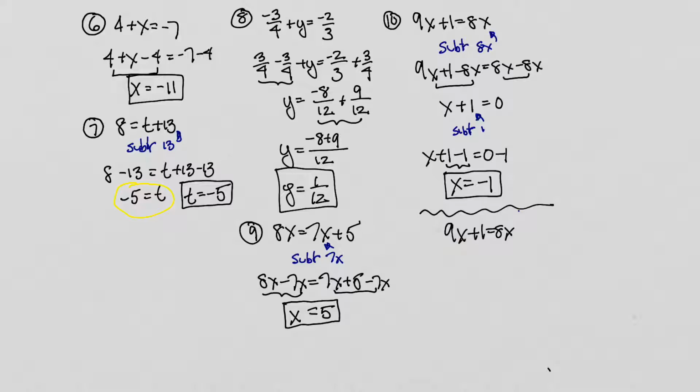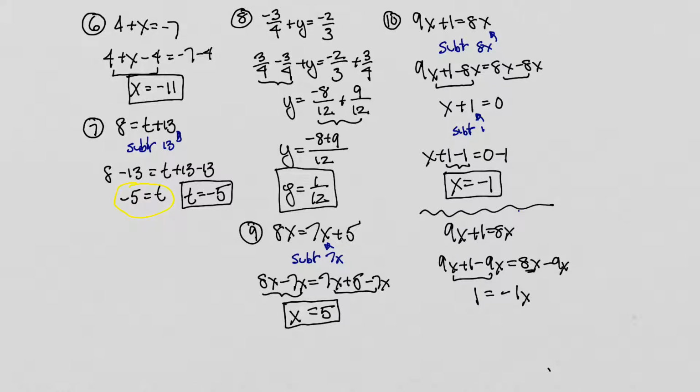I'll subtract them, right? Positive 9x. Let's subtract 9x. So it would look like 9x plus 1 minus 9x equals 8x minus 9x. 9x minus 9x is 0, so I just get 1 equals, now 8 of those minus 9 of those is just negative 1 of those.